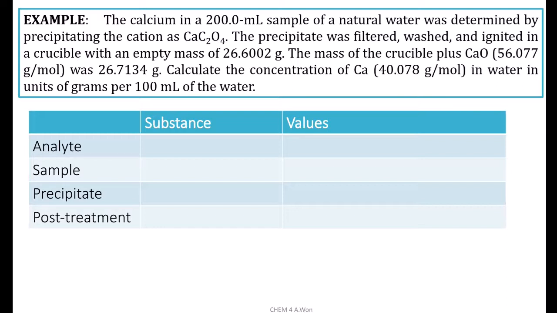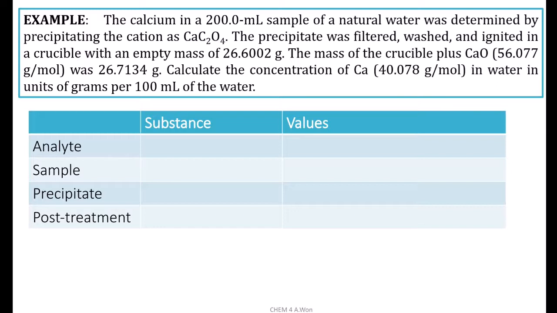The precipitate was filtered, washed, and ignited in a crucible with an empty mass of 26.6002 grams. The mass of the crucible plus calcium oxide was 26.7134 grams. Calculate the concentration of calcium in water in units of grams per 100 ml of the water. So in the problem, it also states the molar weight of calcium oxide and calcium.